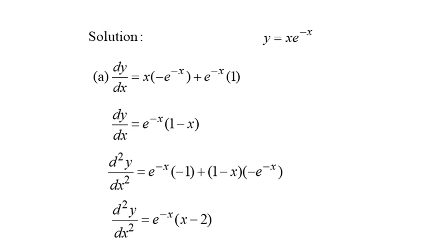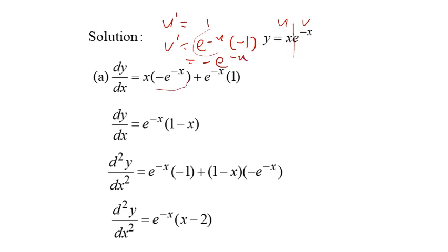So this is the function x e power of negative x. Remember, this is the product rule. So this is u, this is v. So u prime is 1, v prime is e negative x times negative 1, because we copy and then differentiate negative x. So we got negative e negative x.